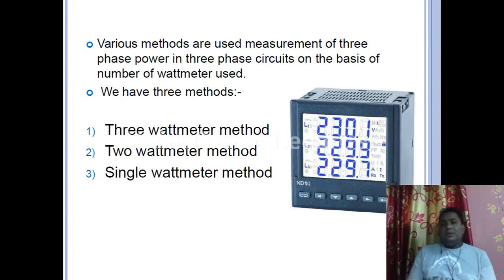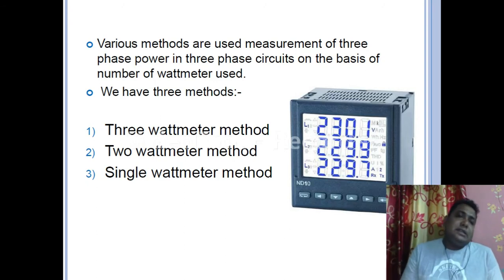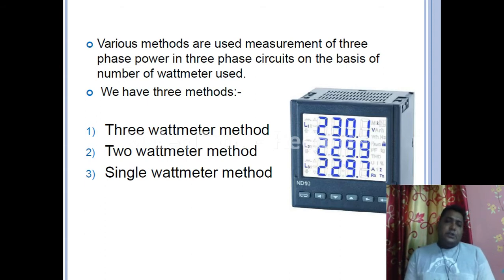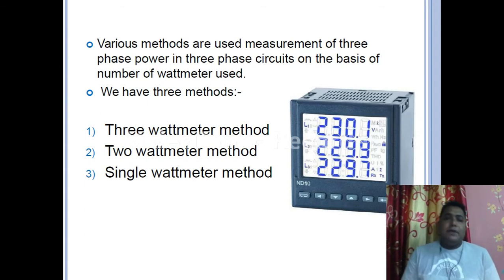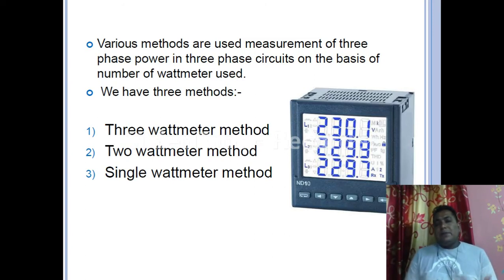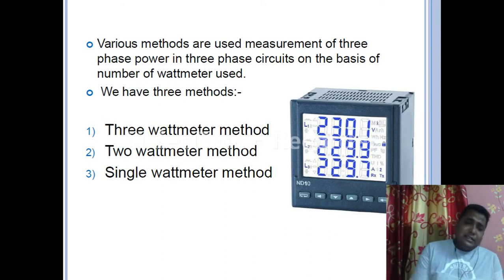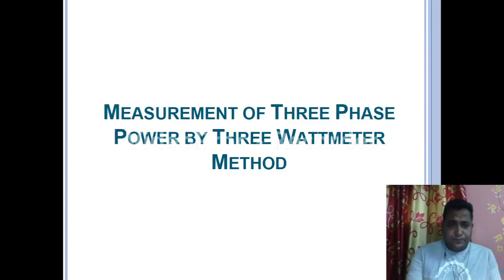Each method has its own advantages and disadvantages. So now, one by one, I am going to discuss what methods we have and how the power is measured. Let us see one by one what those are.